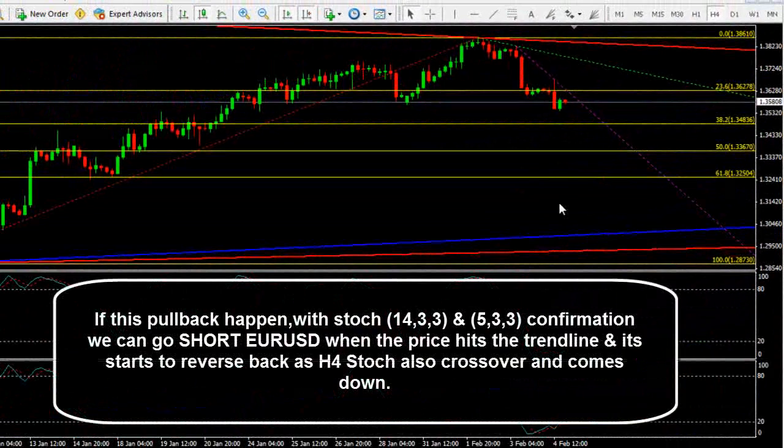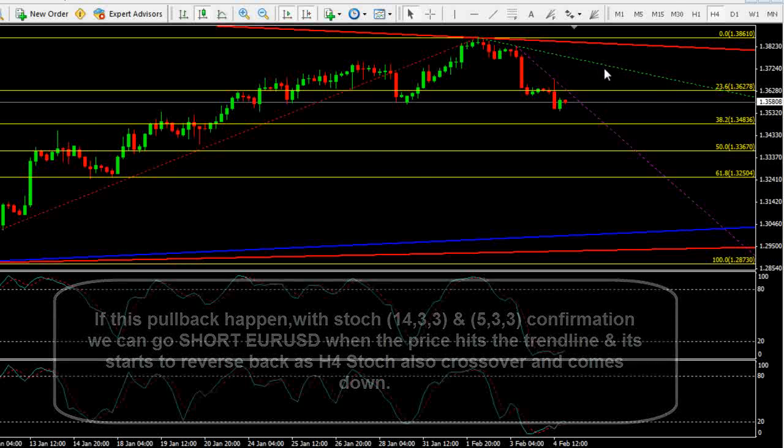If this pullback happens with the stochastics confirmation, we can go short when the price hits this trend line and does not break above.